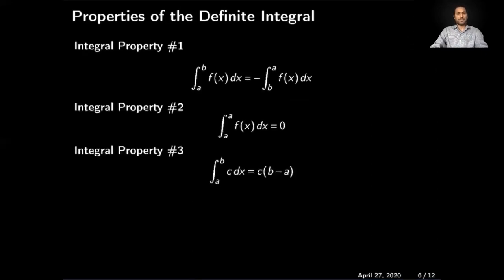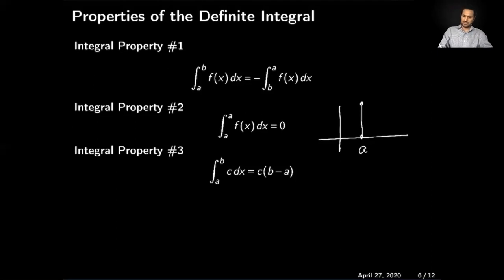The second and third properties. Let's look at the second property first. It says that if you calculate the net change of the function starting from a point a and ending at the point a also, that means you are calculating the area under a dot or under a point, which is just a straight line, and by notion the area of a straight line is 0.